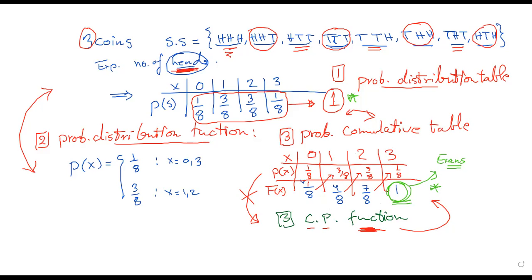Okay, now I will move to something else, which is how to find the mean and how to find the variance for a probability distribution table. Let me just use the table I did over there.